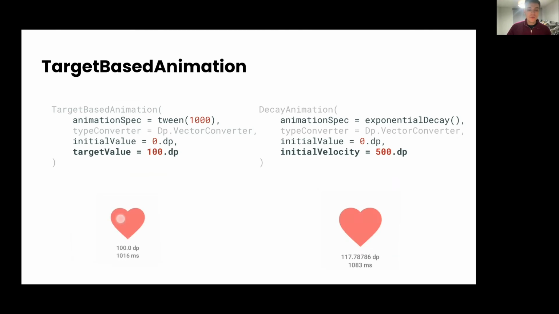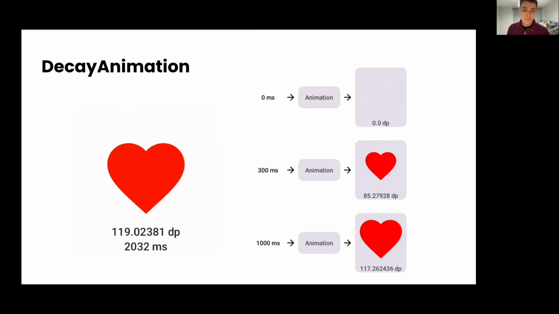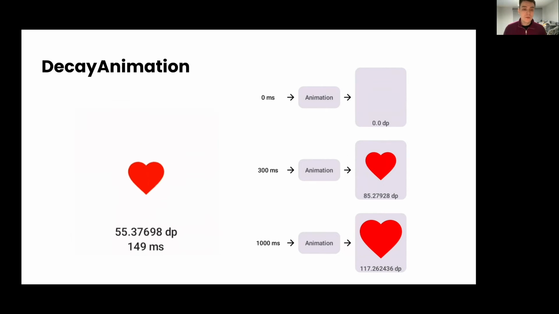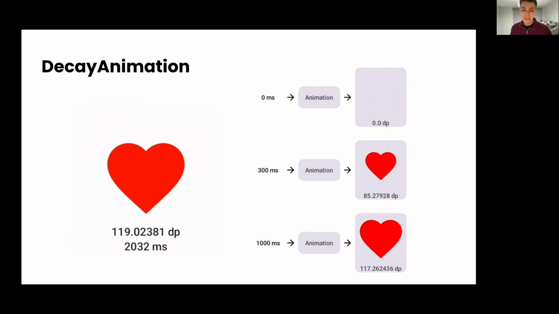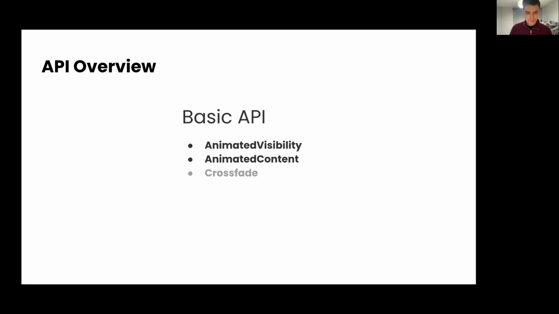As a result, we will have the same heart animation, but animated in slightly different ways. In the case of decay animation, we didn't specify the duration of the animation and its target value, but only the initial speed and initial value. As a result, we have different intermediate and final values of the animation.